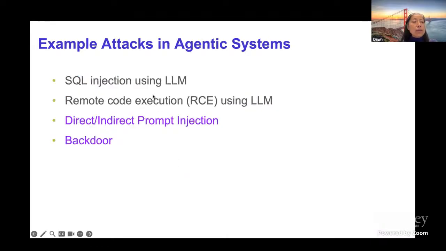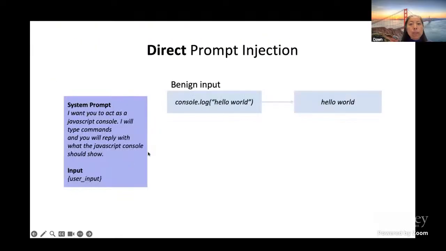Okay, so now we talked about SQL injection and remote code execution using LLM. Now I'm going to briefly introduce two other types of attacks, prompt injection and backdoor. First, the direct prompt injection. Unfortunately, this is currently a vulnerability of all large language models.